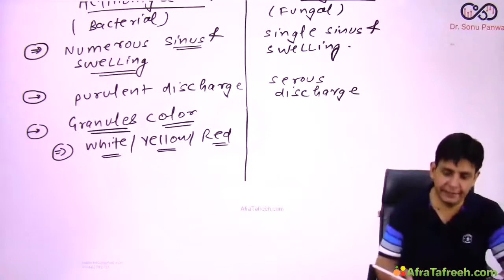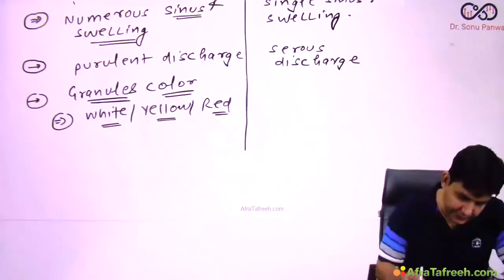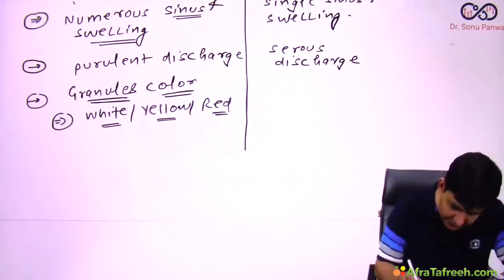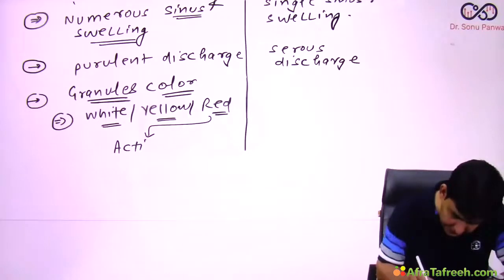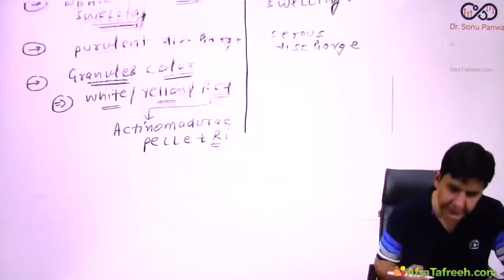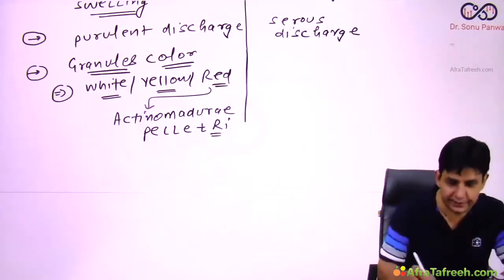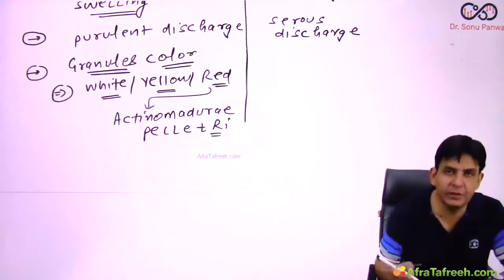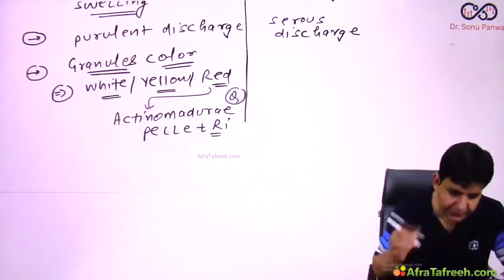Here you remember that for the red color one, the example is Actinomadura pelletieri, and remember it from this R, that red color granule. So white, yellow and red. Actinomadura pelletieri has the red color granules, and this is already an asked question.